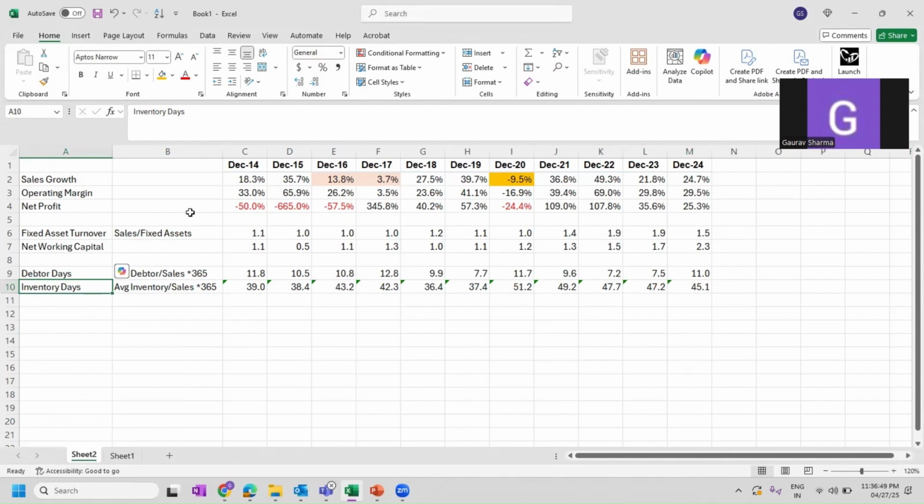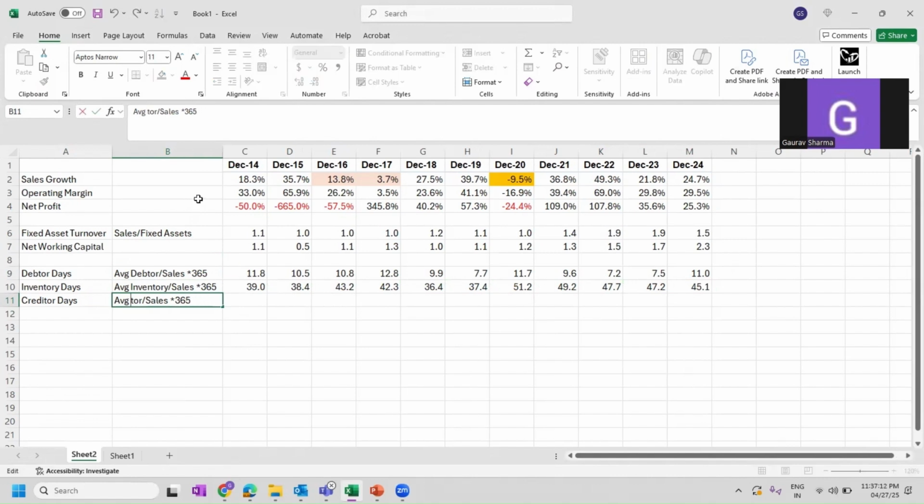And just as we calculated the debtor days, which denotes how many days it takes for us to recover money from the debtors, let's also calculate something known as creditor days. Creditor days, just like the debtor days, denotes how much time it takes for us to pay money to our creditors.